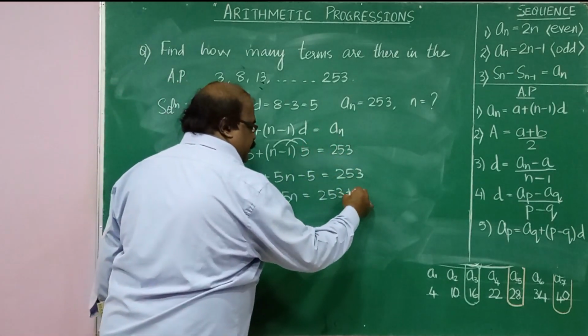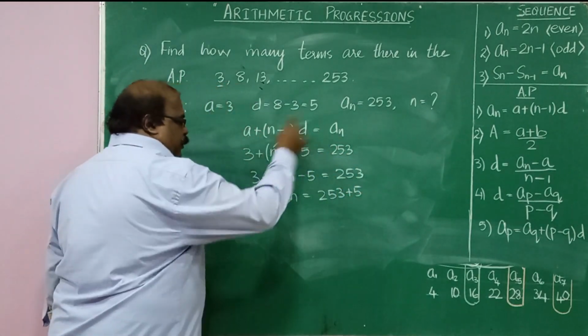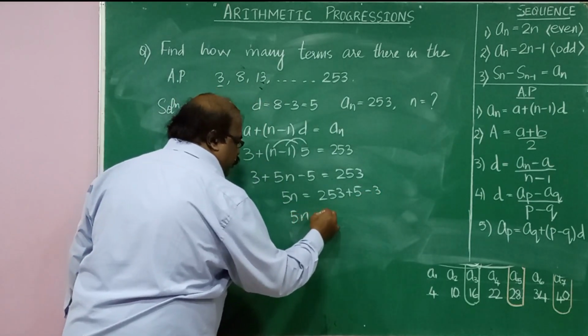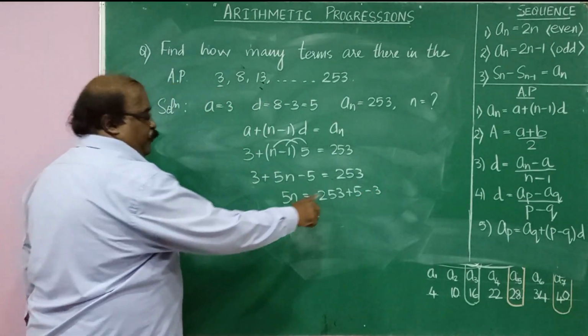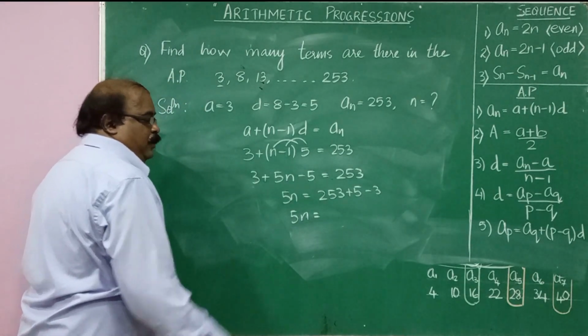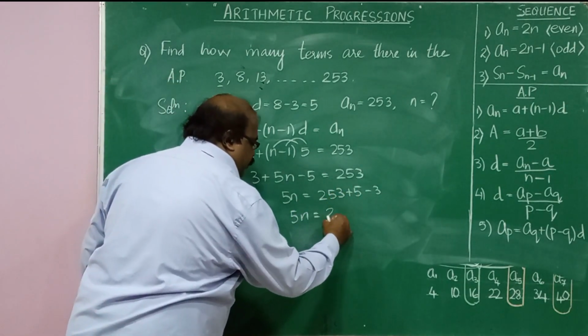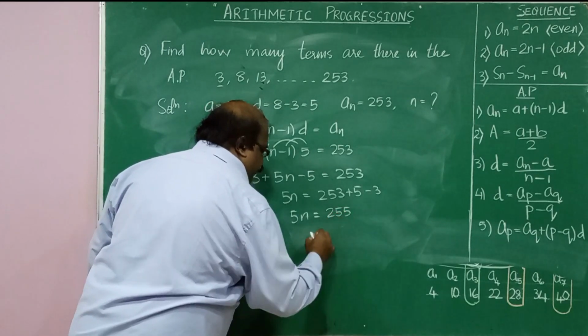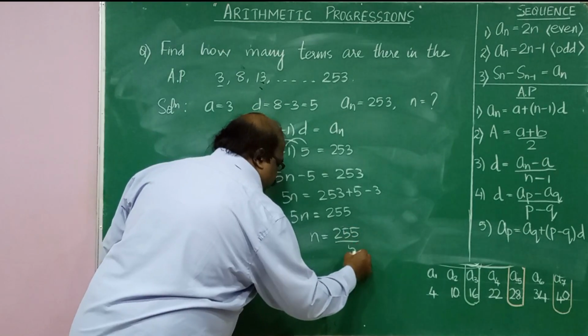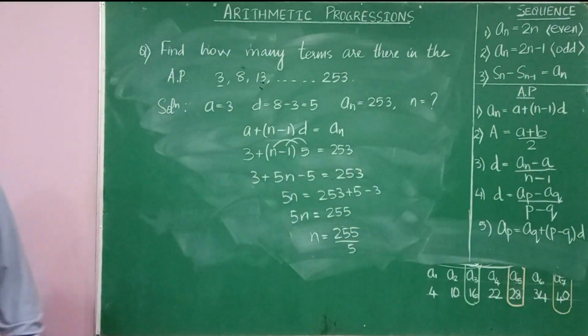This minus 5 going that side becomes plus 5, plus 3 going that side becomes minus 3. So you get 253 plus 5, 258. 258 minus 3 is 255. So n is 255 upon 5.